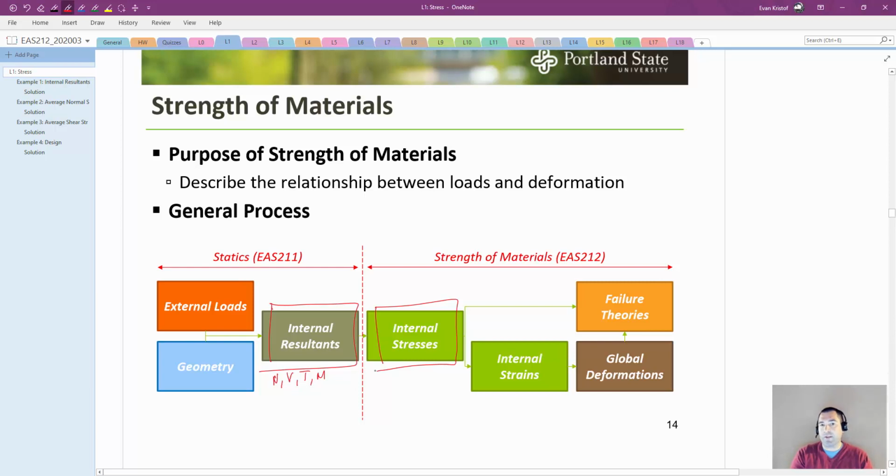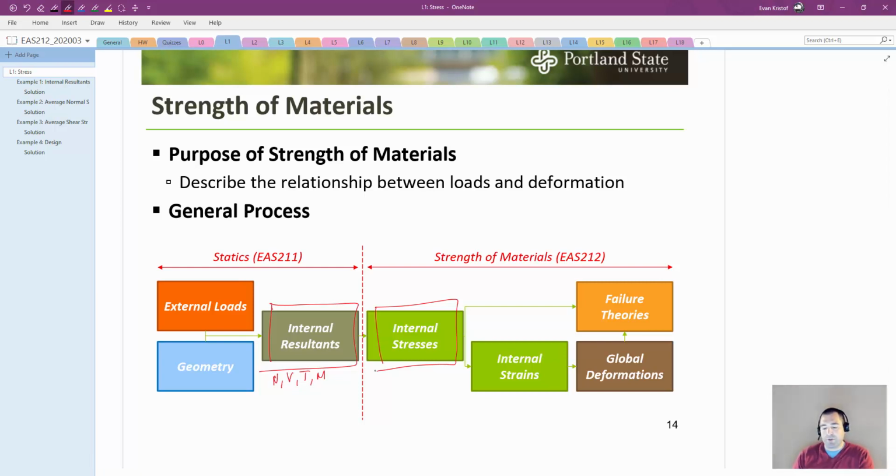So like we saw before, the internal resultants are a broad summary of what's happening on a cross section. On the cross section through a member, the normal force is just the sum of all the forces acting perpendicular to the section cut itself, and the stresses are more specific to a location on the cross section.